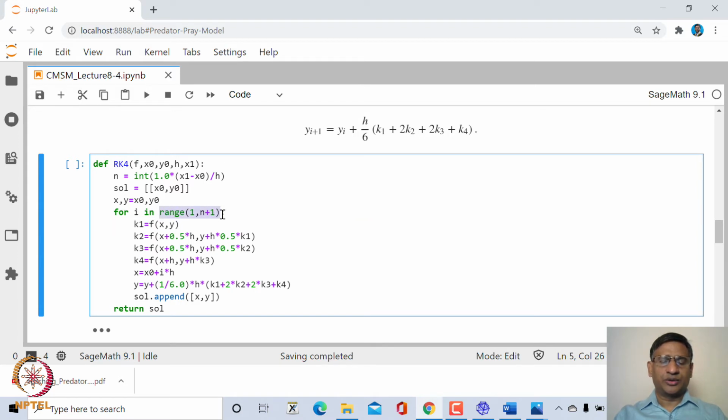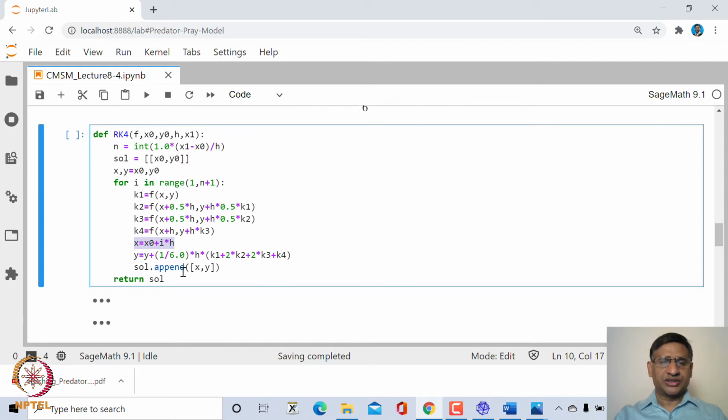So this range will give you 1 to n, and then define k2, which is f at x plus h by 2, y plus h by 2 into k1, similarly k3, and then k4, and then define y is equal to y plus 1 by 6 into h times k1 plus 2 k2 plus 2 k3 plus k4, and then increment x by x naught plus i h, that will become the next node point, and then you append the x, y which you have obtained to the solution list, and then return solution, right.